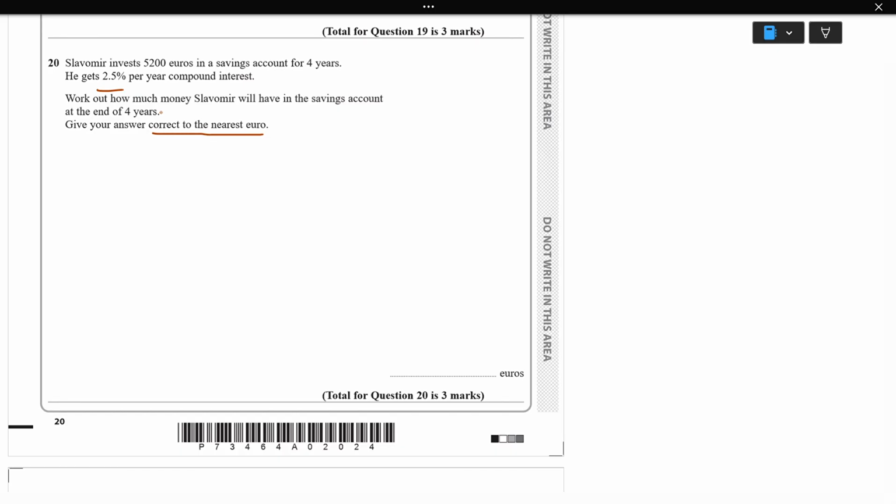Okay, so here the principal amount is 5,200 times. Here it is 2.5%, which means the amount is increased. So the increase is 100 plus 2.5, which is 102.5, over 100, to the power of 4 years.